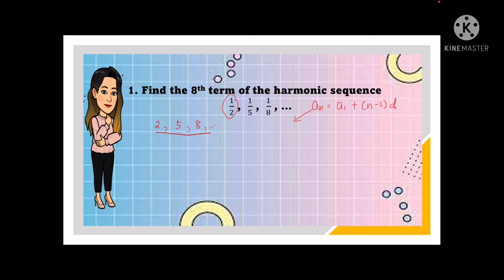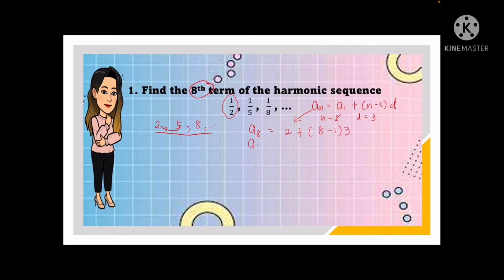So, we can now substitute in our formula. We have a sub 8 since we're going to find the 8th term, so our n is 8. It equals the first term, which is 2, plus the quantity n, which is 8, minus 1 times the common difference, 5 minus 2, so our common difference is 3, times 3 here.